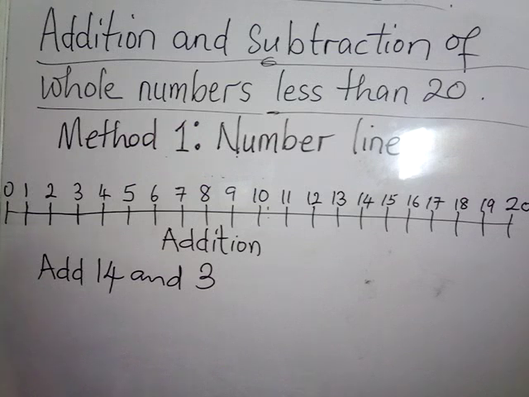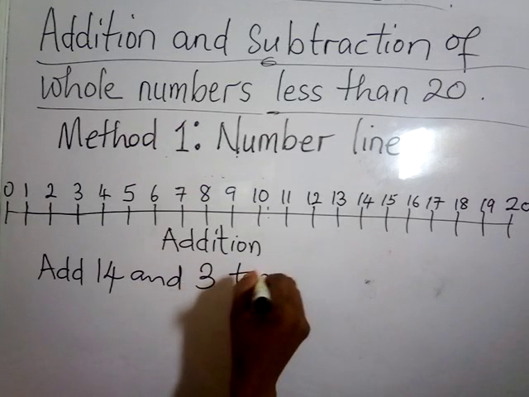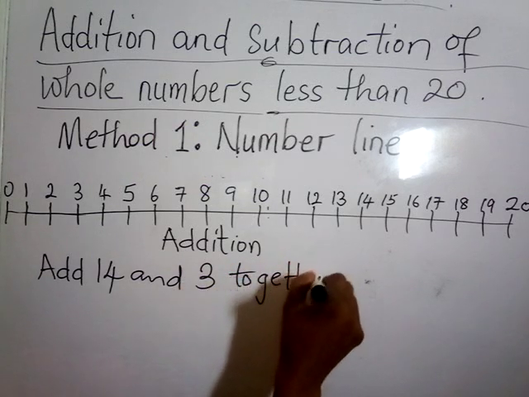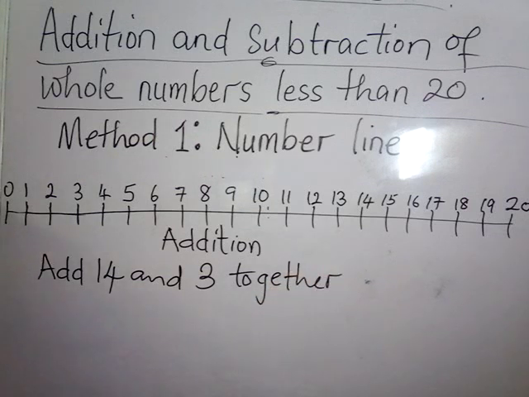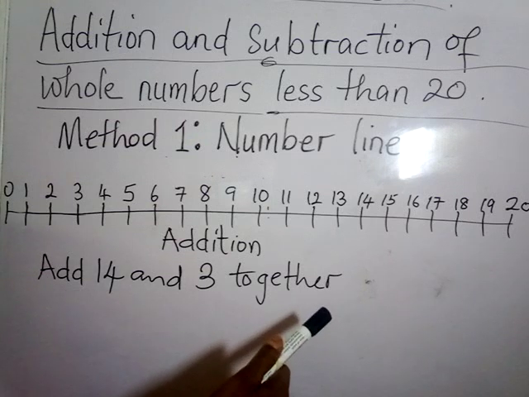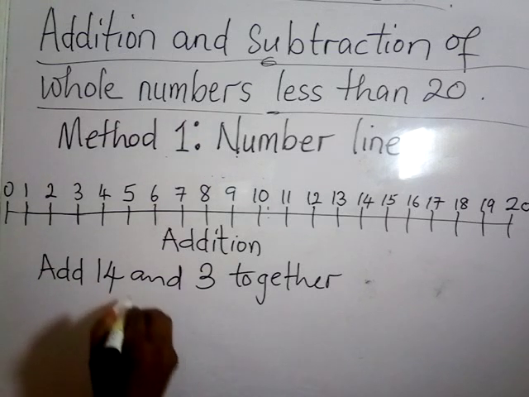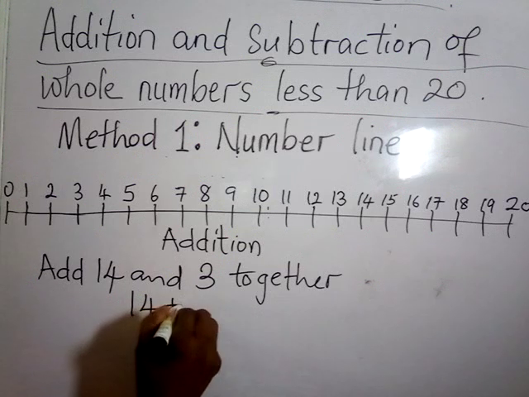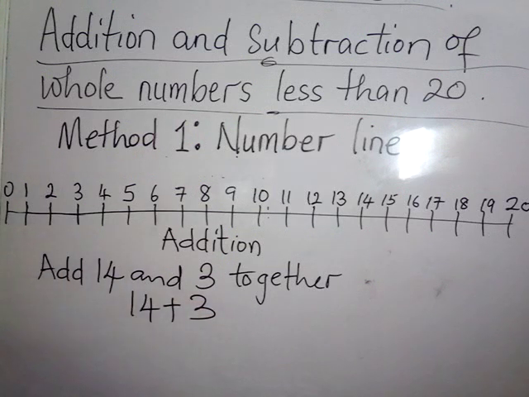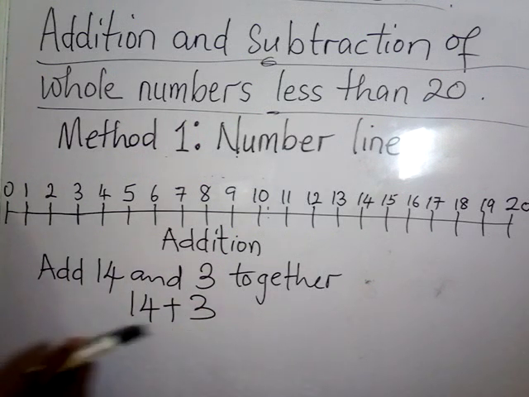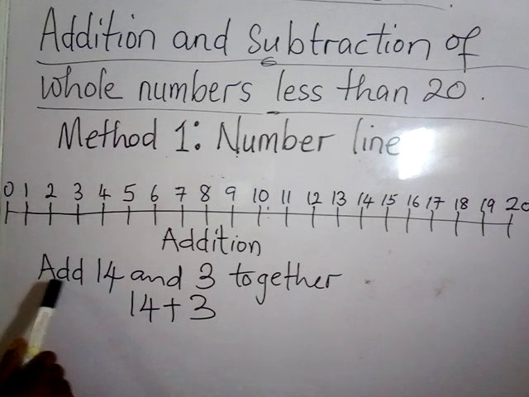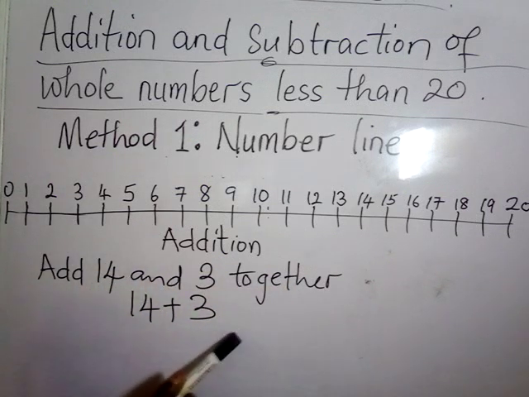Add 14 and 3 together, or add 3 to 14, whichever way it goes is the same thing. This can also be written as 14 plus 3, which is the mathematical representation. So if you are asked to add 14 and 3 together, or it's simply written like this, it means the same thing. Now how do you use a number line to add these two numbers?